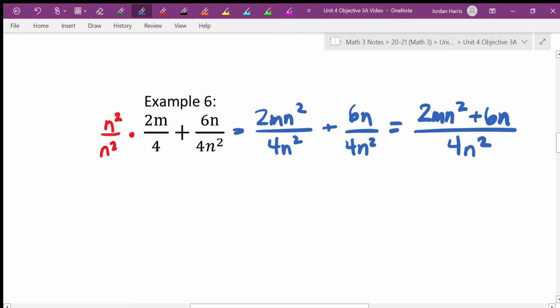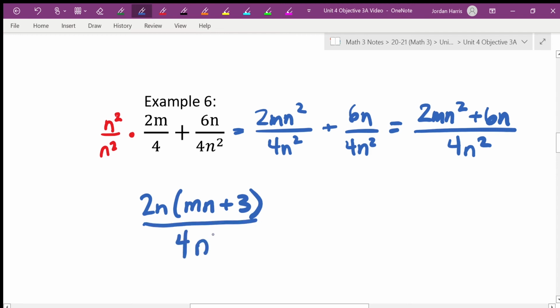Now we factor. So I take out, if I can, look at these terms up top. 2 and n in common, so I'm going to have a GCF of 2n. So I have mn plus 3 left on the top. On the bottom, 4n squared, can't factor that. Okay, since we have factored, now we can simplify.